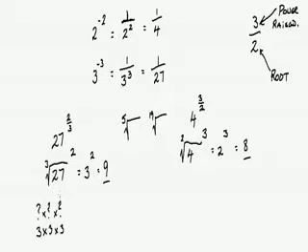Like 64, the cube root of 64 is only 4, because 4 4s are 16 and 4 16s are 64. So you probably won't get anything other than squared roots or cube roots.